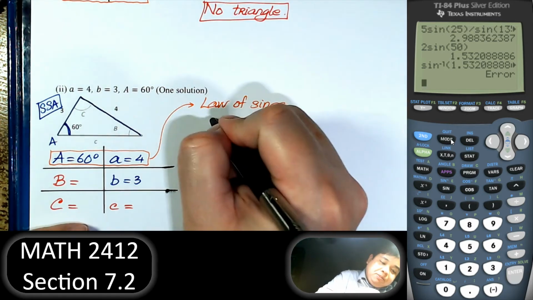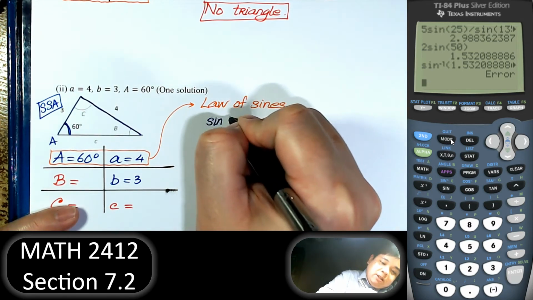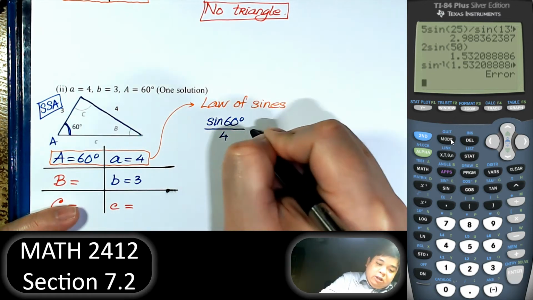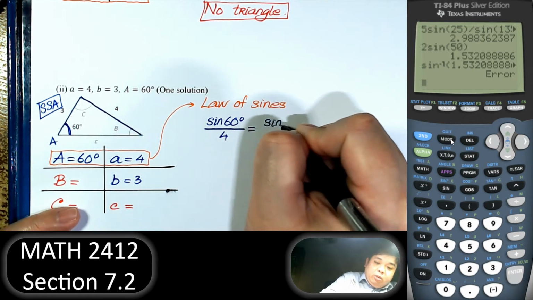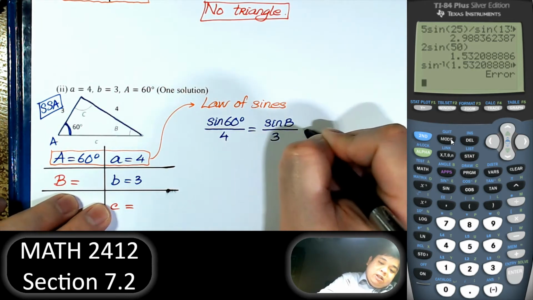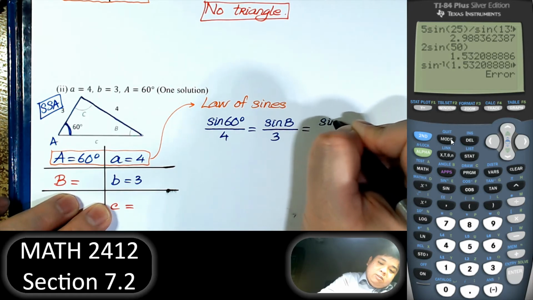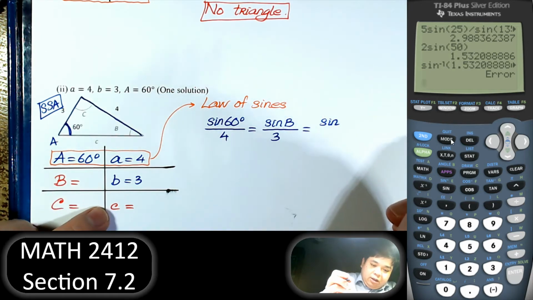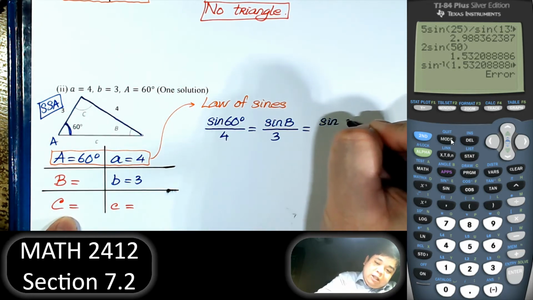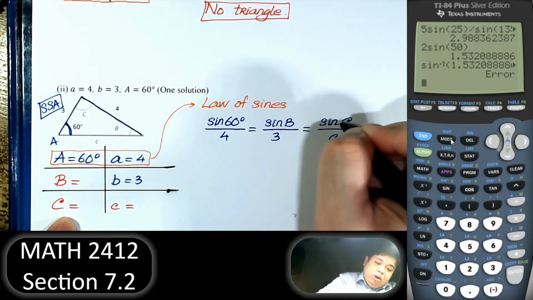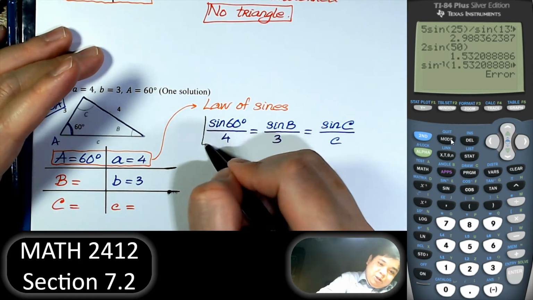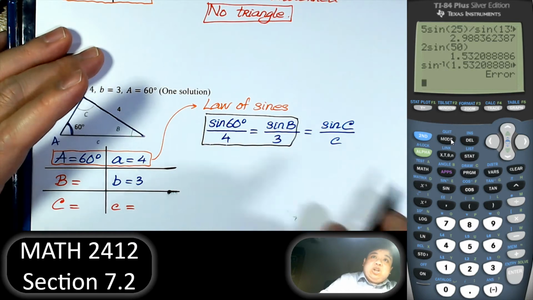So I will write sine of 60 degrees over a, which we know is 4. Sine of angle B, we don't know that, divided by side b, which is 3. Sine of angle C over side c, we don't know that, so this ratio is useless. Just use these two ratios.